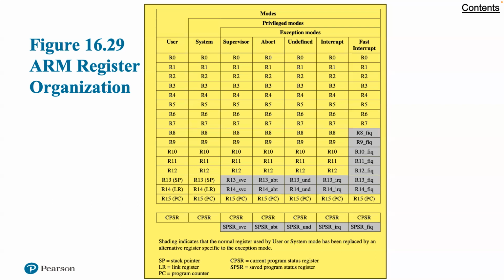Registers R8 through R12 are shared by all modes except fast interrupt, which has its own dedicated registers R8_FIQ through R12_FIQ. All the exception modes have their own version of registers R13 and R14. All exception modes have a dedicated saved program status register.